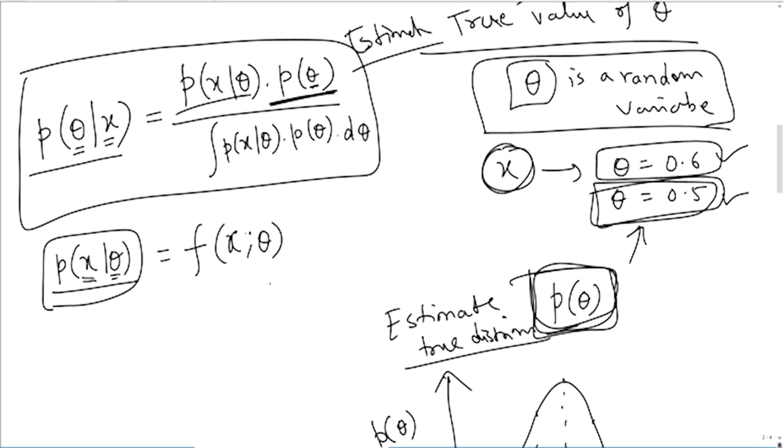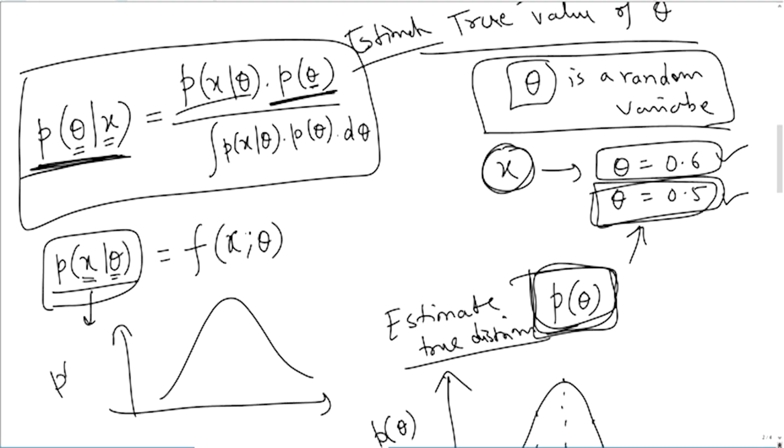But interestingly, the values that you are going to calculate here will vary with respect to theta, because you are going to calculate probability densities. For example, when you calculate this posterior distribution, you will calculate the distribution like this.